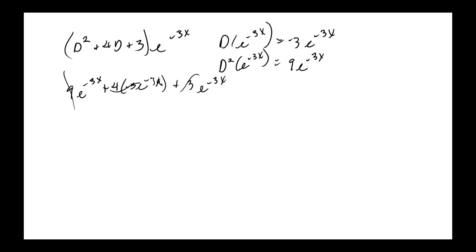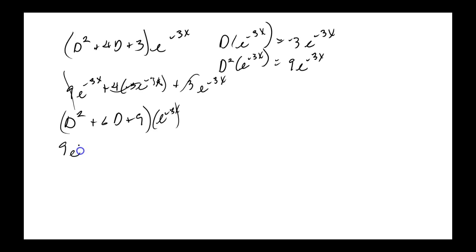Okay? Let's do the same thing with D plus 3 squared. That'd be D squared plus 6D plus 9, operating on e to the minus 3x. And we've already done what those are, so let's just do them. D squared is 9.